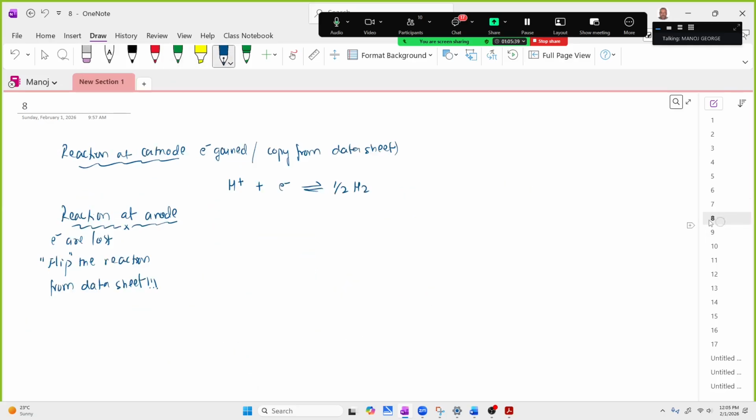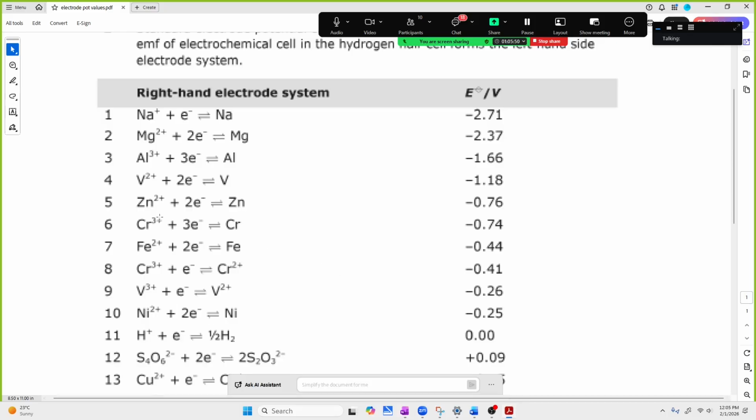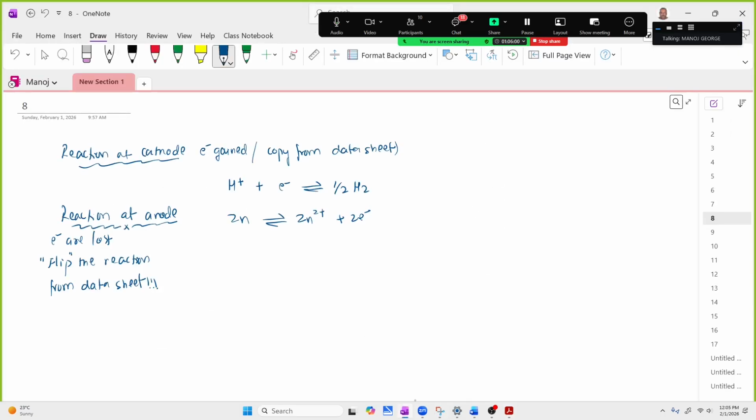So literally what I have to do is I'm going to write the anode equation like this now. That was my zinc, equation number 5. Zn2+ plus 2 electrons gives zinc. Now I'm writing zinc gives Zn2+ plus 2 electrons. I flip that equation. Okay, I need to add both equations together.